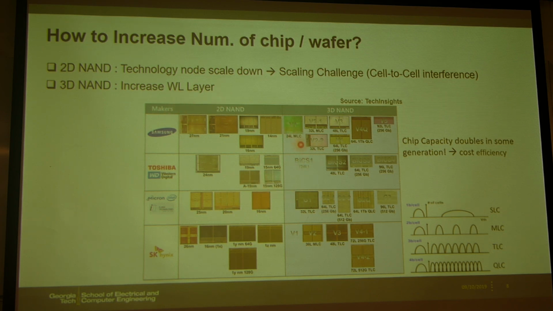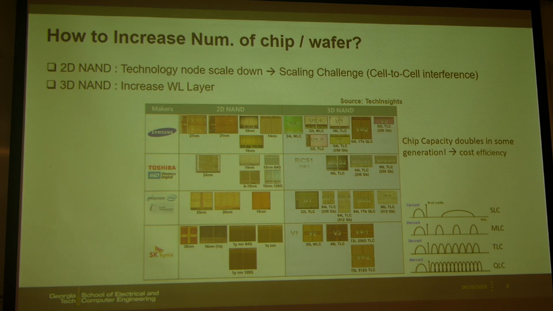You can see 24L, 32L. This L means layer. So the first generation was 24 layers, and then 32, 48, 64, 92, and this year a 128 layer product has already been presented.